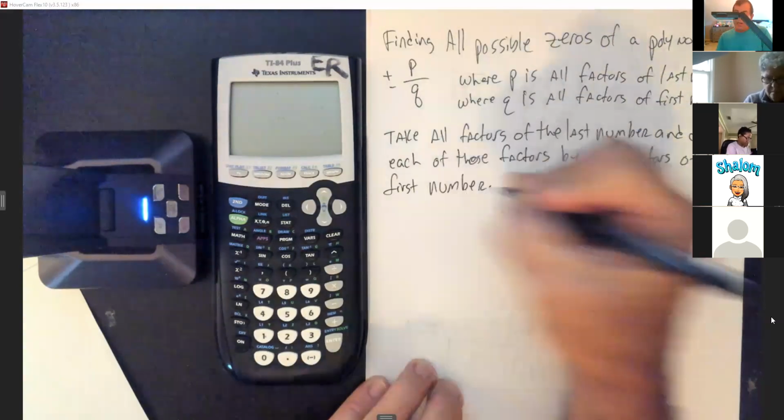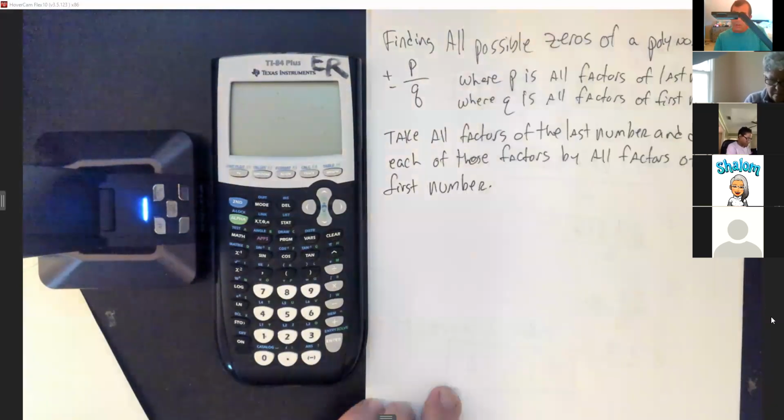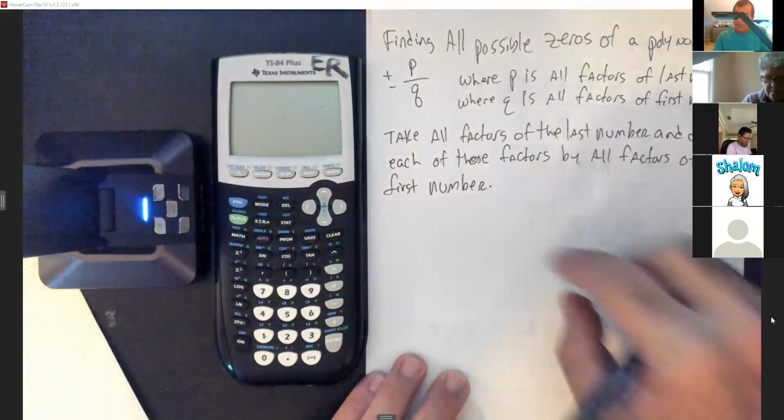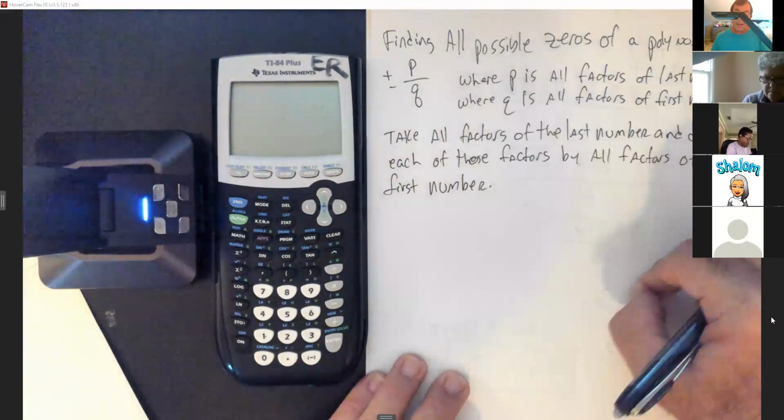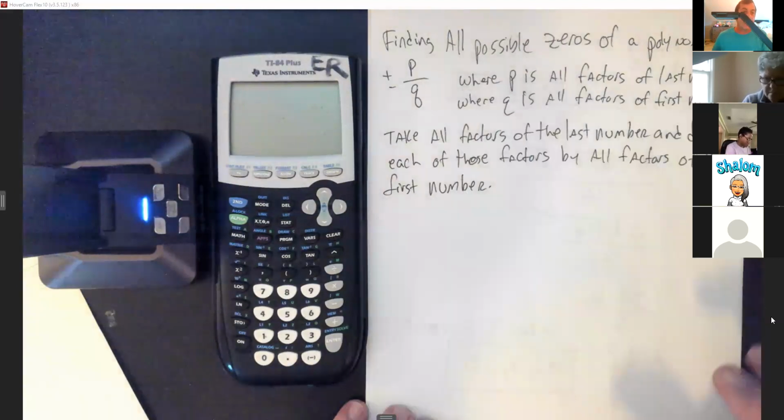So I'll figure out my P's and my Q's, and then I start taking every P and divide by all the Q's. So you might have a lot of combinations, but it's better than checking every single number for possible zeros, okay?